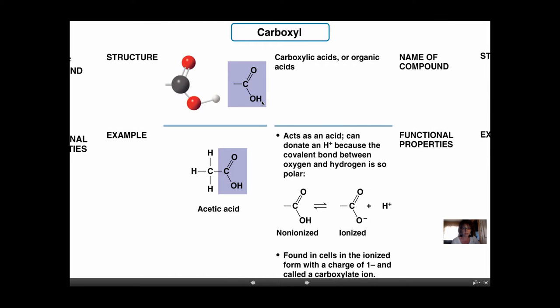We're going to talk about the name of that in a second. But in this case, it is a carboxylic acid. A very simple form is acetic acid. You know this as vinegar at home. So acetic acid has a carboxyl attached to it. This is bonded to the rest of the chain, and it's a C double bond O, OH.